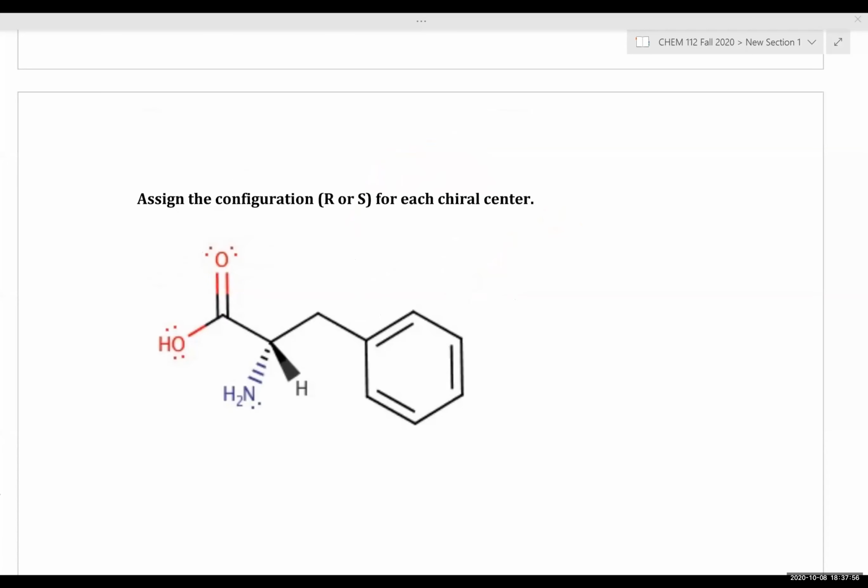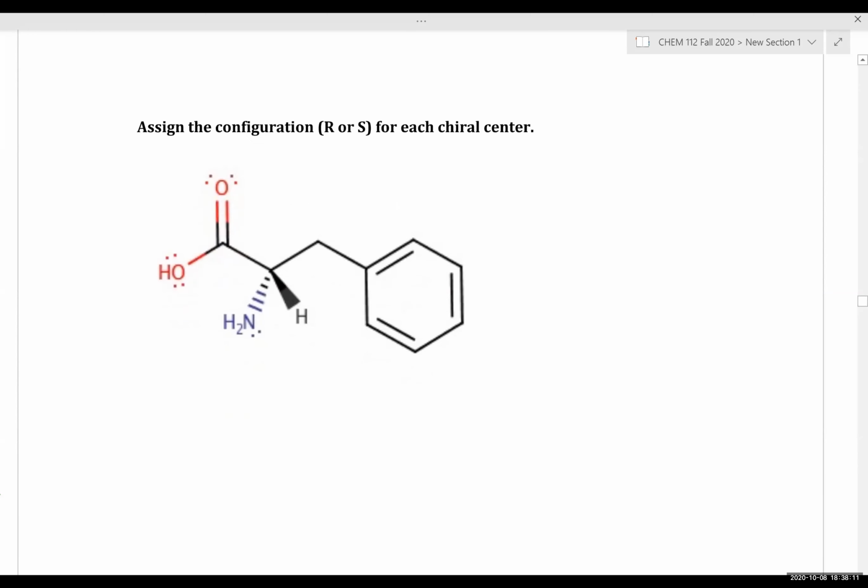So when we last left off, we were discussing the IUPAC method for assigning the configuration for each chiral center. Remember, our first order of business is to order our groups in order of increasing priority.